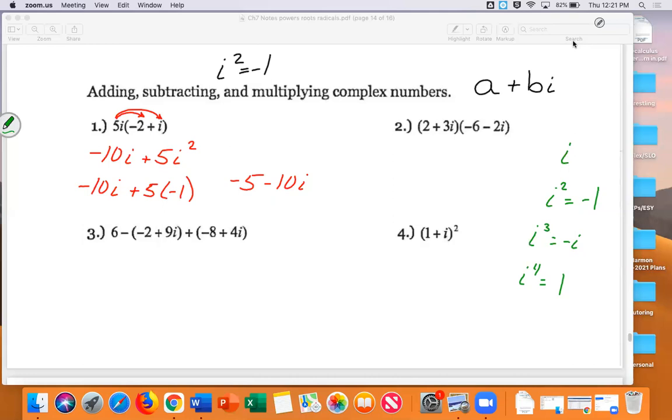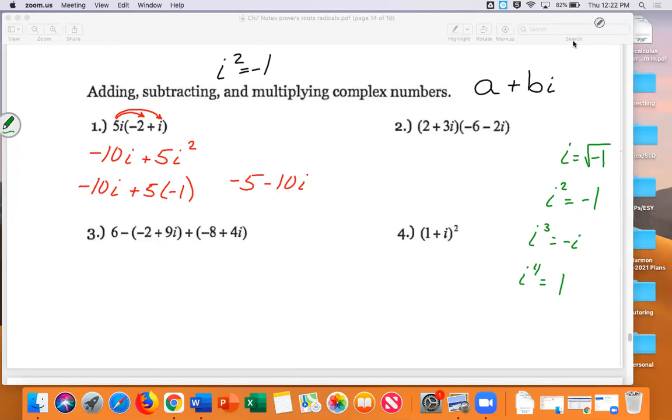Now, Justin, you're wondering, how is i cubed equal to negative i? Well, we talked about i squared being negative 1. I multiply these two together. Isn't i squared negative 1? So what's i times negative 1? Negative i.